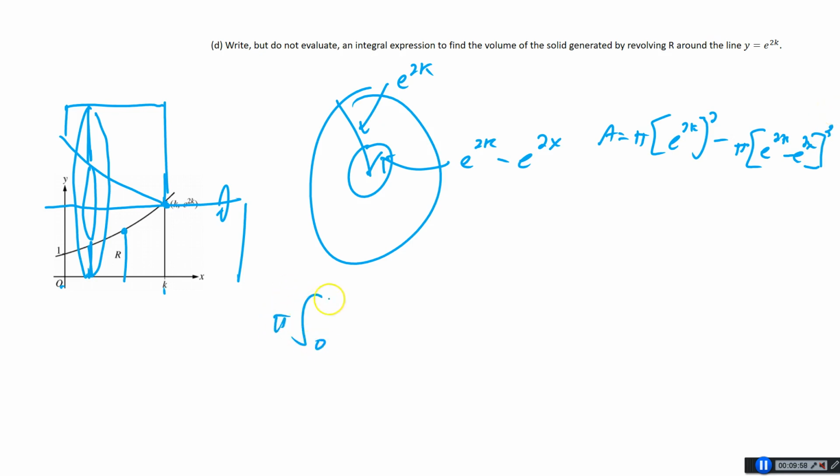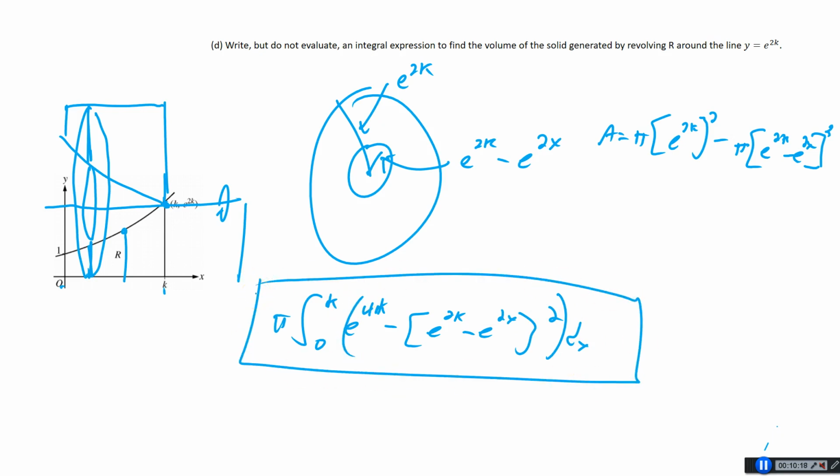So pull the pi out, 0 to k, got to square them separately, right? So we have e to the 4k, that's the first part squared, minus, this part I'm going to leave in parentheses, e to the 2k minus e to the 2x squared dx. Big parentheses around the whole thing, and that's our answer. So hopefully you were able to come up with that one.